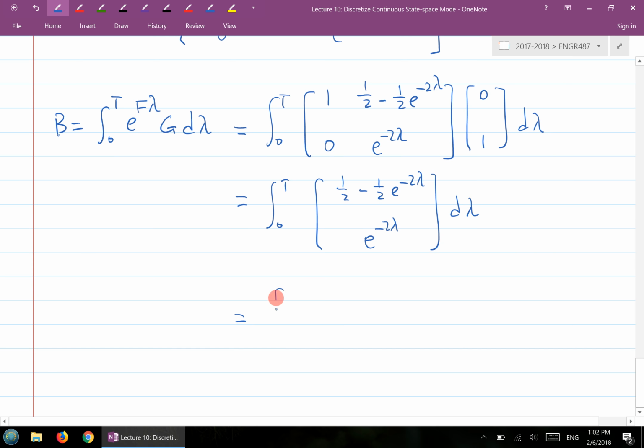And we end up with 1/2 t plus... So here's basically what you get if you integrate each one of the terms. And this is the B matrix.